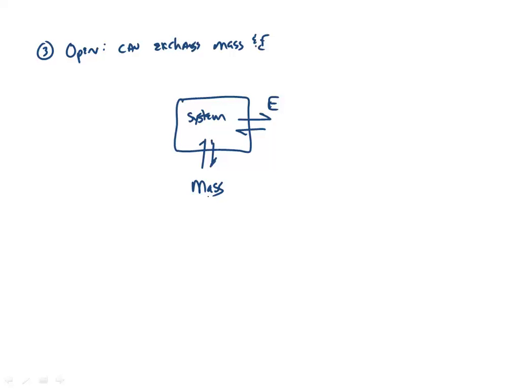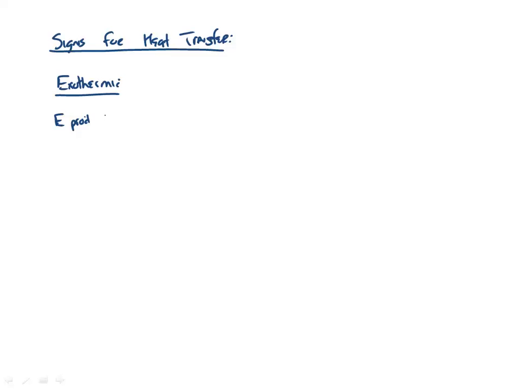And then the other thing that we want to think about is the signs for heat transfer. We've already talked about this a little bit, but basically we're going to define exothermic as the energy of our products being less than the energy of the reactants, or we have heat as a product in a reaction, so we would write reactants go to products plus energy.